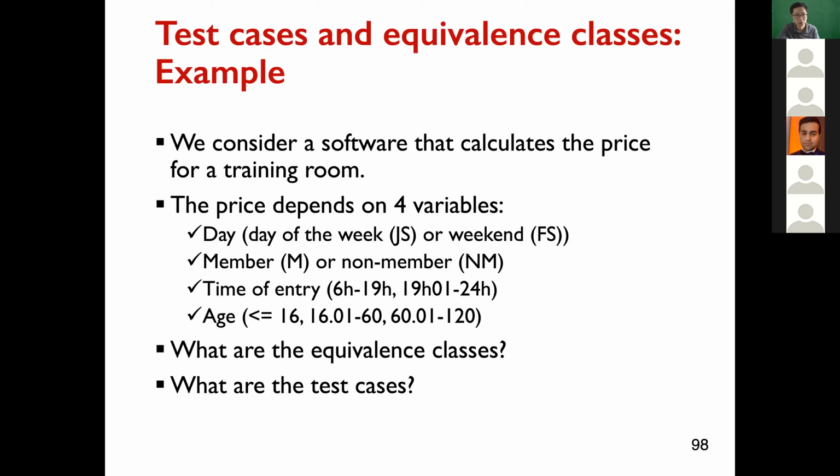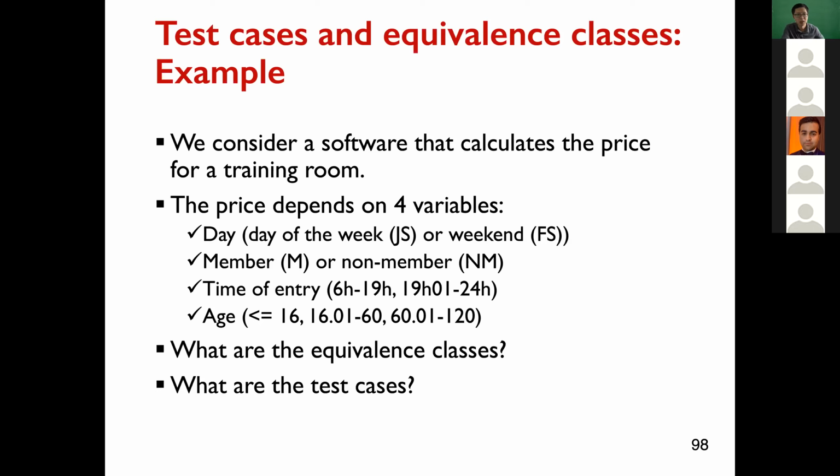The third variable is the time of entry, right? There are 2 possible time slots. And the fourth is age. They have a different price for different ages, like younger than 16, between 16 and 60, and from 60 to 120, right?